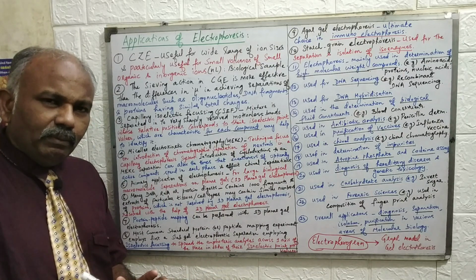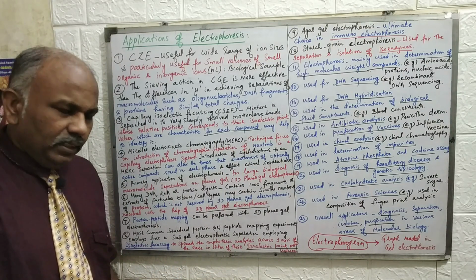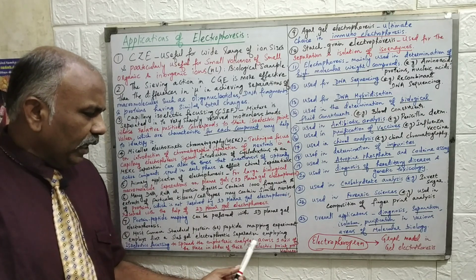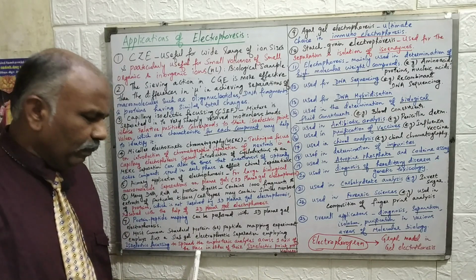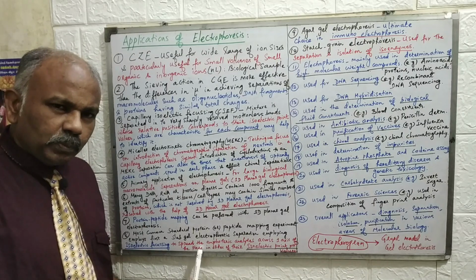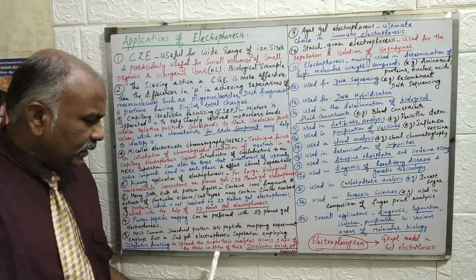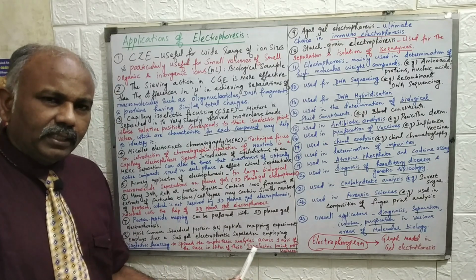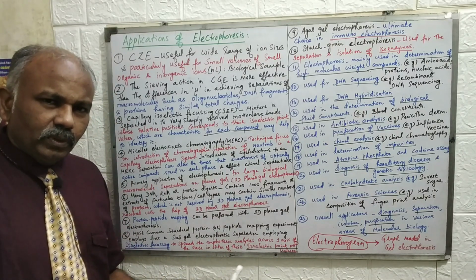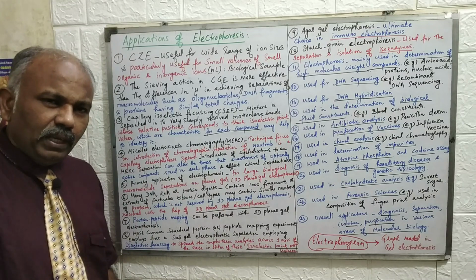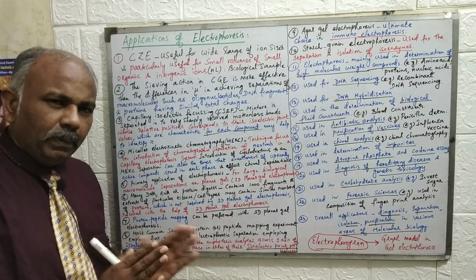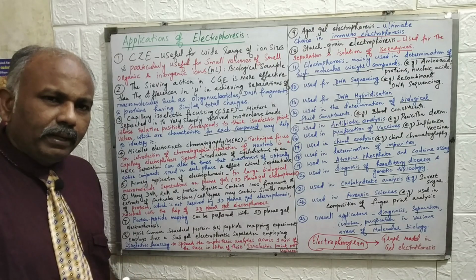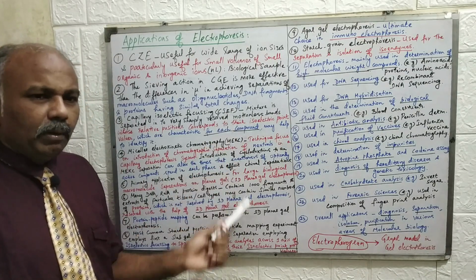Amphoteric analytes have both characteristics, right? So you have to spread the amphoteric analytes across one axis of the plate in order of their isoelectric point pH values. So this is also very, very useful. Particularly if you have amphoteric analytes, you have to have a proper spreading in protein or peptide mapping, right? So these are the very important applications.